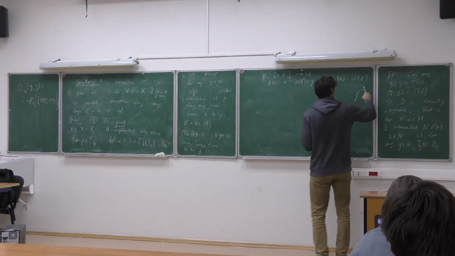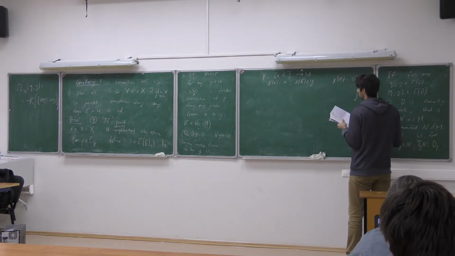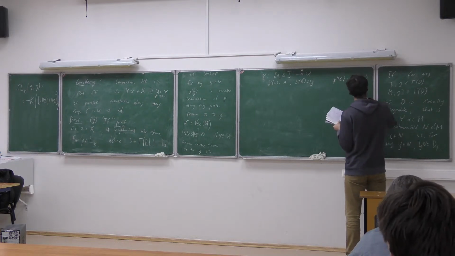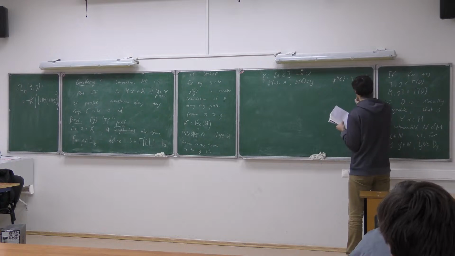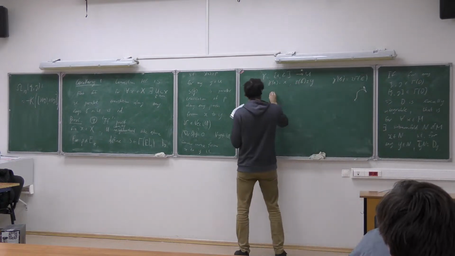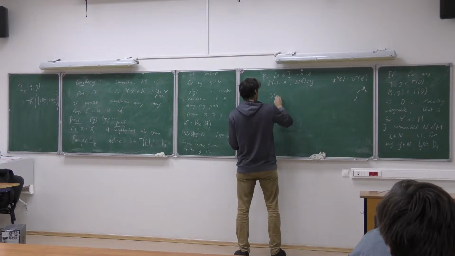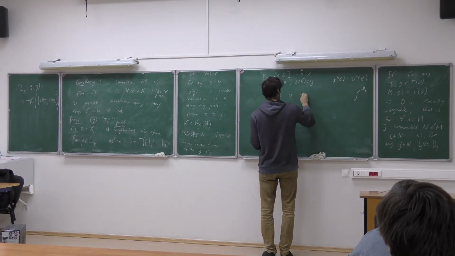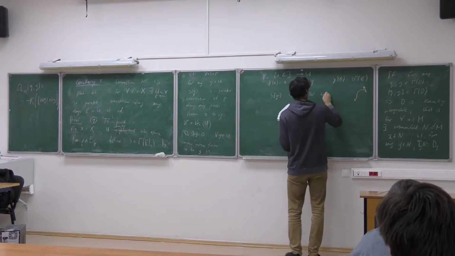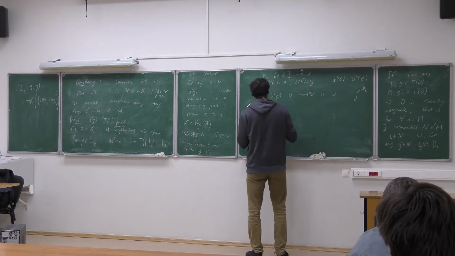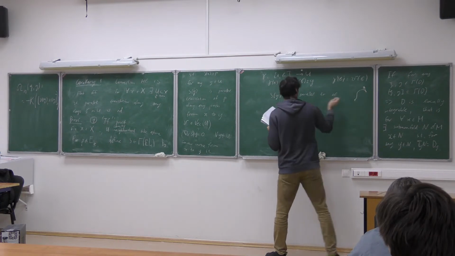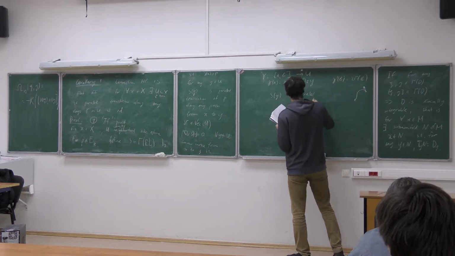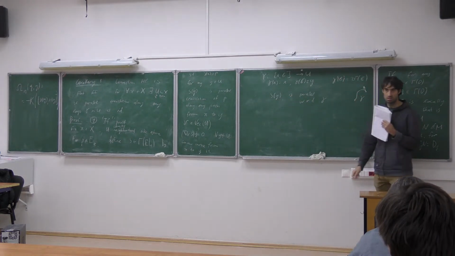But then gamma of B is Y, right? And so I just have that S of Y is the parallel translation of S with respect to this gamma that I chose.